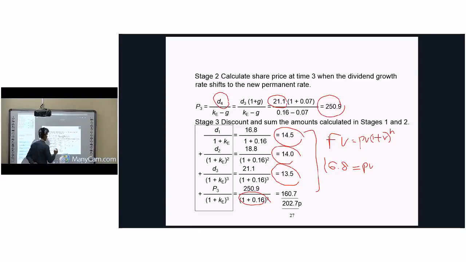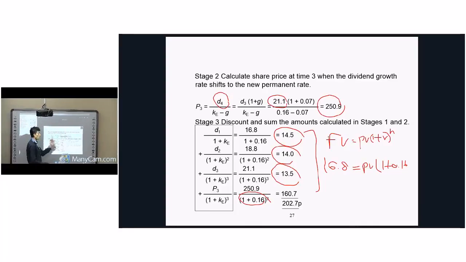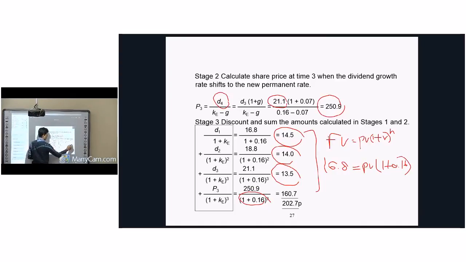So 1 plus 0.16, and then we have n. N is 1 year. So if you resolve this, present value is equal to 16.8 divided by 1.16 to the power 1.